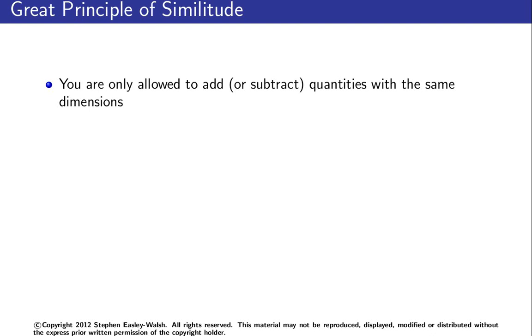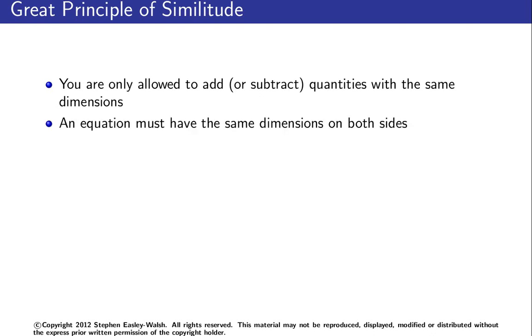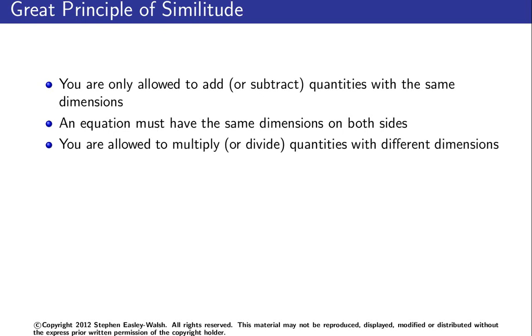You are only allowed to add or subtract quantities with the same dimensions. An equation must have the same dimensions on both sides, and you are allowed to multiply or divide quantities with different dimensions. So let's have a couple of examples here to explain these 3 ideas.